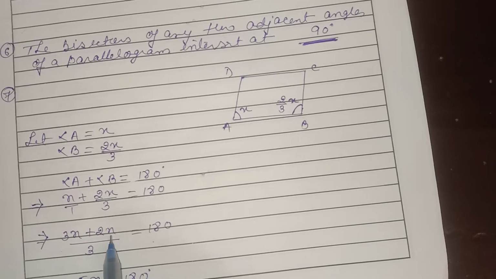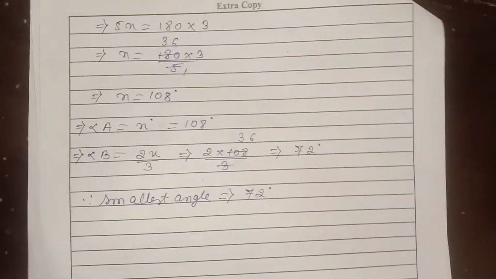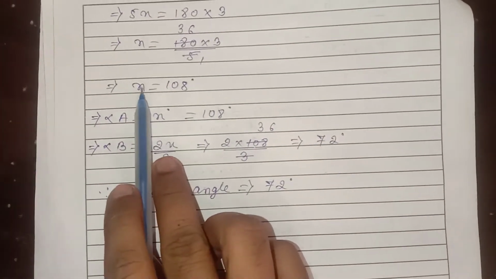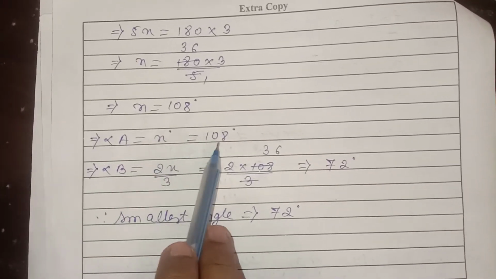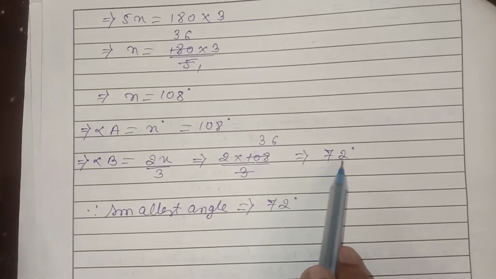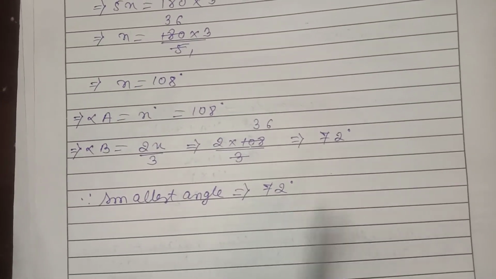First of all, we have to take LCM and then we have to find out value for x. Value for x is 108 degree, then A means 108 and B means 72 degree. We have to find out the smallest angle, which is 72 degree.